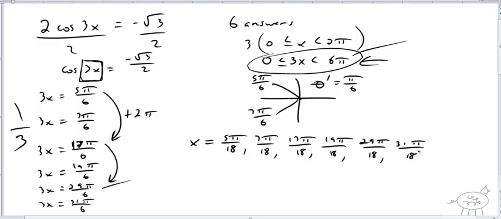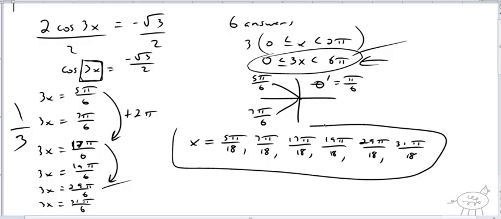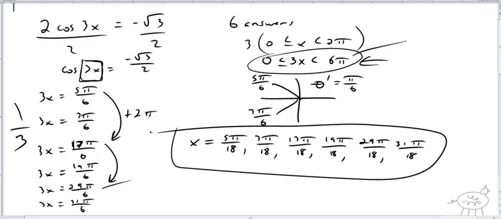Okay, and again, is that x between 0 and 2 pi? Sure is. 31 pi over 18 is less than 2 pi. Okay, and 5 pi over 18 is greater than 0, so we're good to go. And these guys right here are my answers. Okay, again, all between 0 and 2 pi.